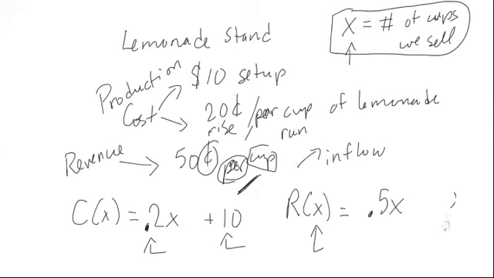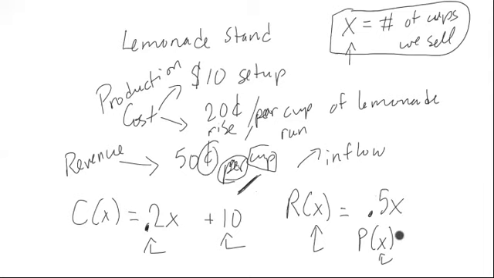0.5x. Now, how would we get our profit function? Realize this x value has an assumption. It's assuming that we prepared the same amount that we sold, so this x will coincide.